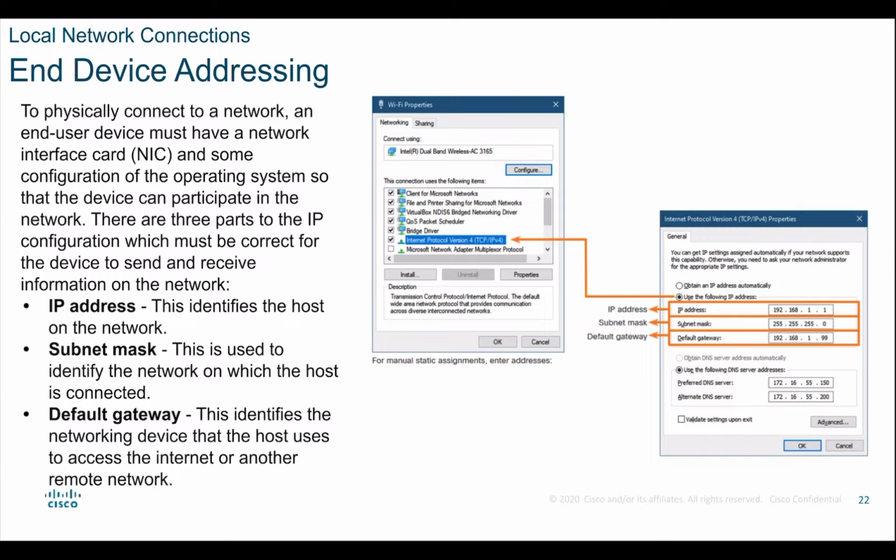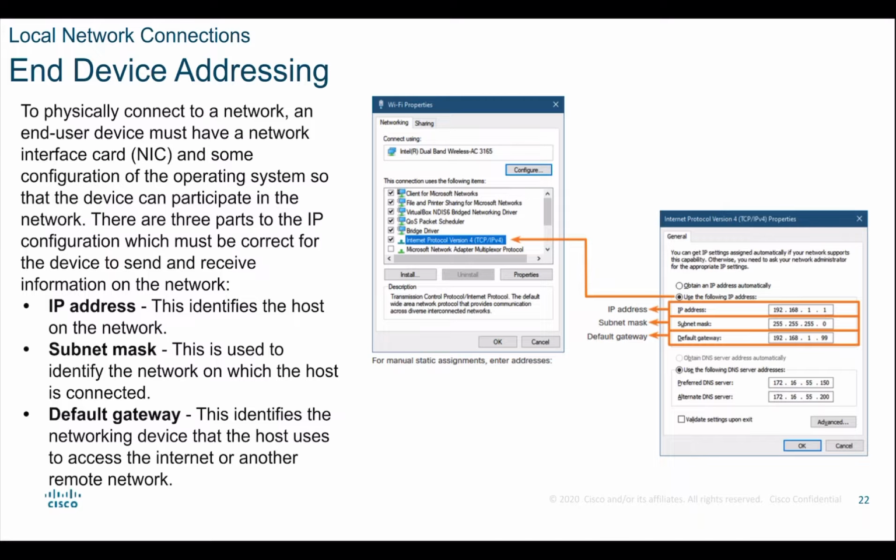It has 255.255.255.0. Wherever there are 255s, that tells us what the network is. In this case, our network is 192.168.1. And where that 0 is, coinciding with the number 1, that is going to be the actual IP address identifying the host on the network.